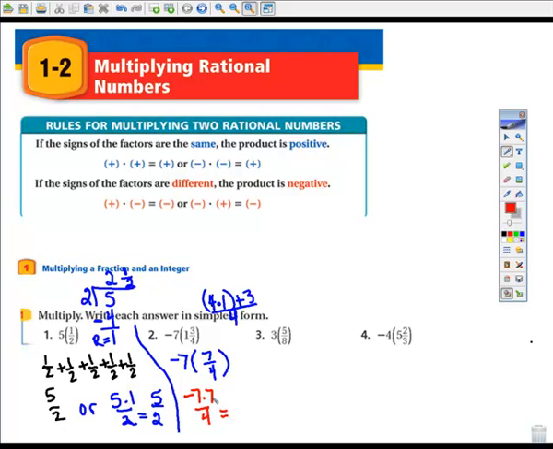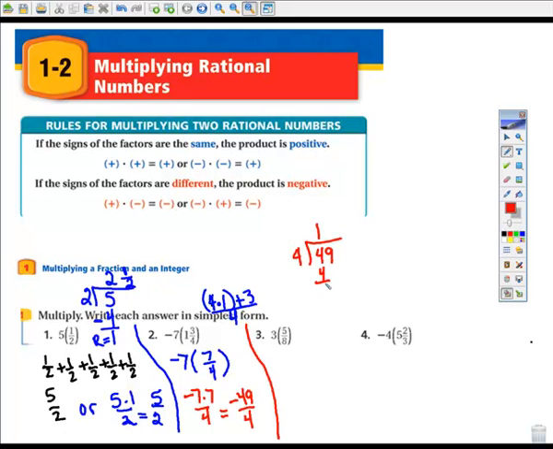Now I'll go ahead, -7 times 7 over 4. Well, a negative times a positive is a negative, so this is -49 over 4. Now I need to go ahead and again change this to a mixed number. So when I change it to a mixed number, I'm going to leave the negative sign out of it. So 4 goes into 4 once.